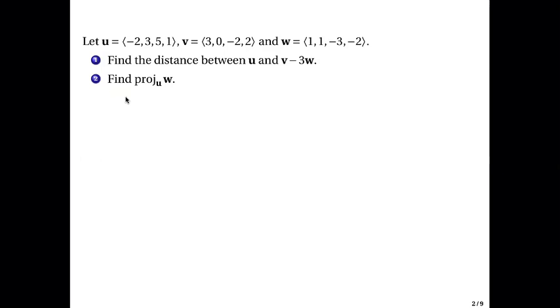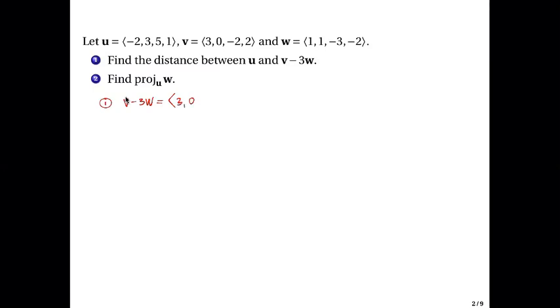So for the first one, let's calculate first v minus 3w. So we have here v minus 3w. This is equal to, so let's rewrite all the given information here.